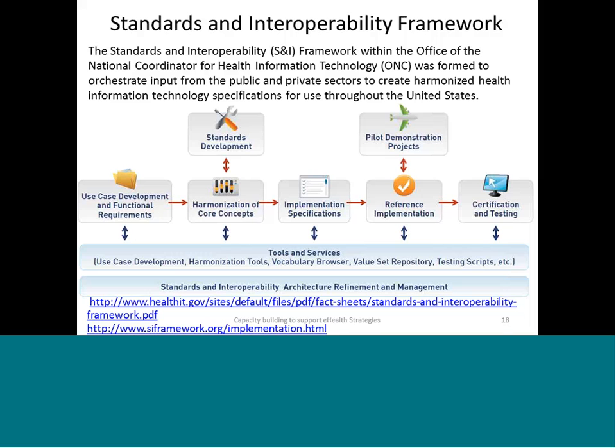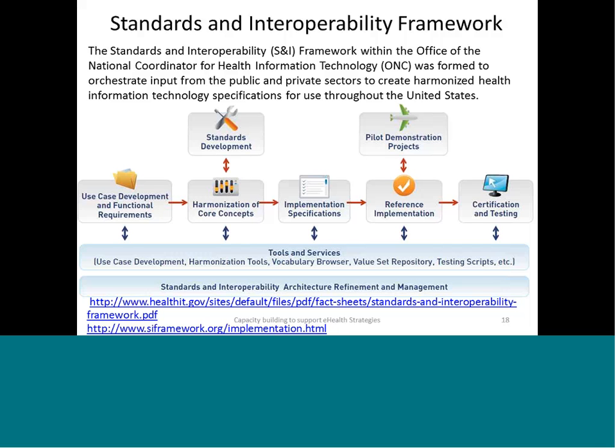You'll see that the flow from left to right relates to issues that I've just been covering, for example, with the AeHIN. So use case development, trying to align the concepts, agreeing what the implementation specifications are, coming up with some reference implementations, and then the certification and testing process.